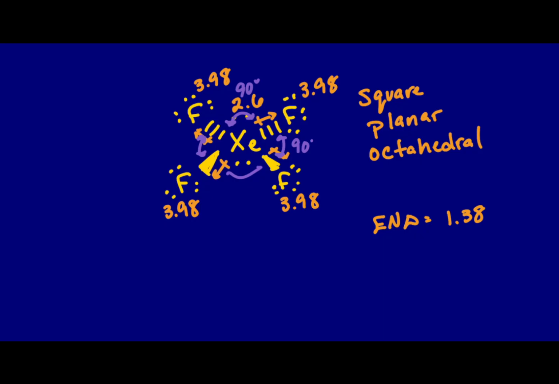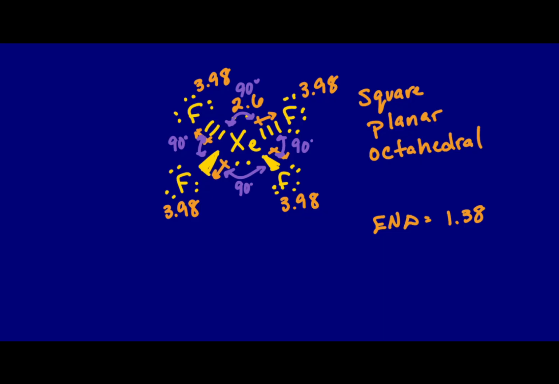Now, all of these dipoles are facing in opposite directions, right? It's almost like 4 corners of a square. Because they're being pulled all away from the xenon, all of these dipoles are going to cancel out. It's very similar to when we were looking at boron trifluoride, where it was a symmetric shape and the 120 degree angles canceled all of the bonds out.